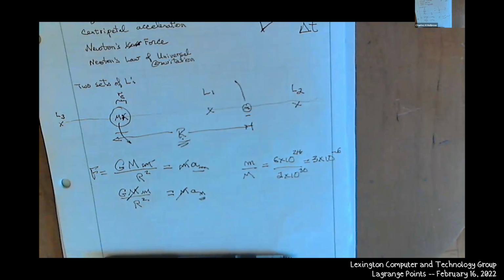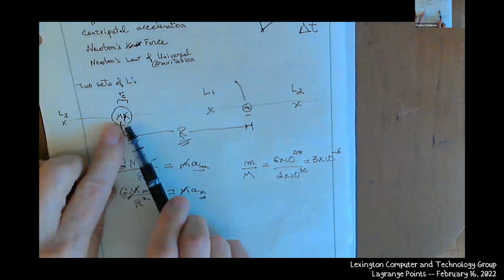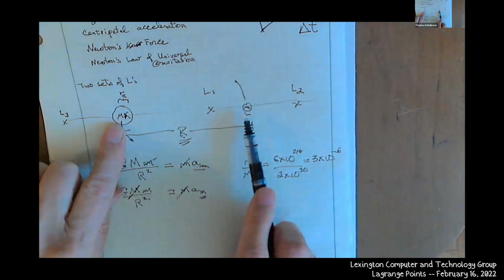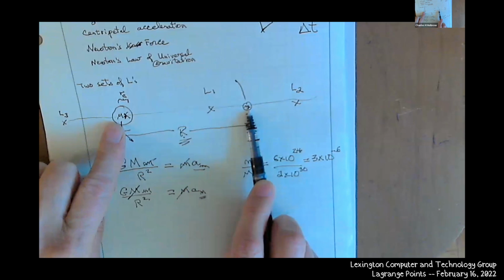But I want you again to see what's going to happen. The sun exerts a force on the Earth. You can set it up. It's a perfectly simple piece of beginning physics algebra.